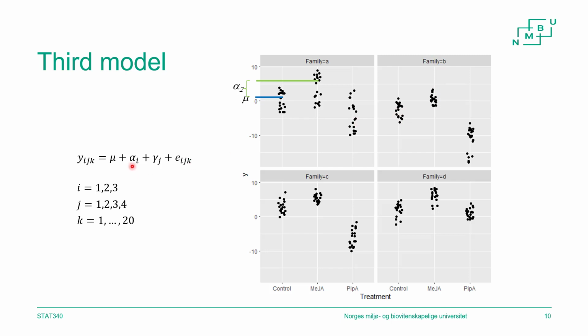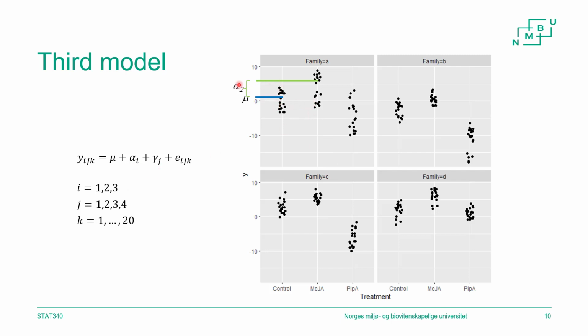But as long as we have a model with only main effects, notice there is no interaction term here. As long as we have only main effects, the effect of treatment is the same regardless of family, and vice versa. The effect of family is the same regardless of treatment. That's how main effects are sort of defined or behave, right?